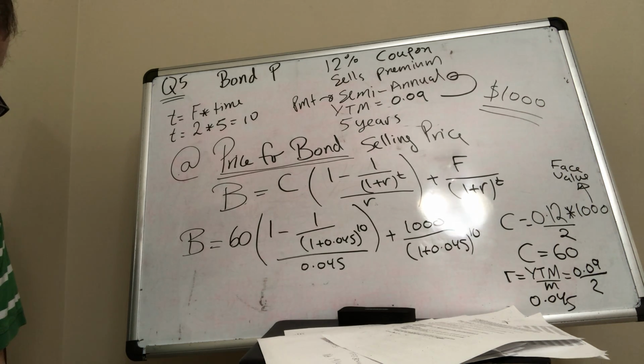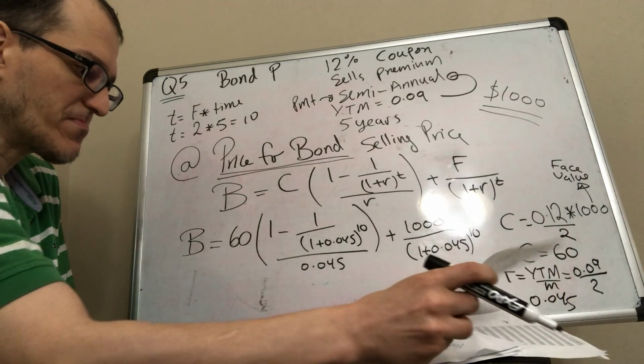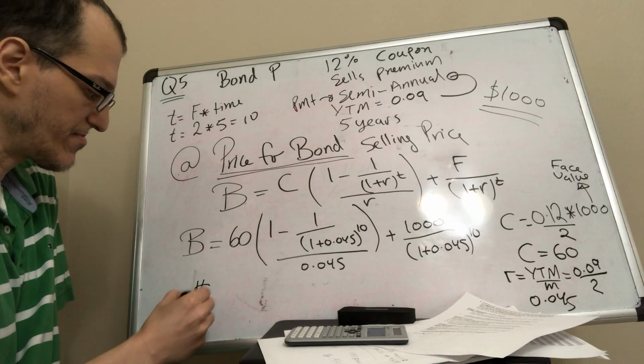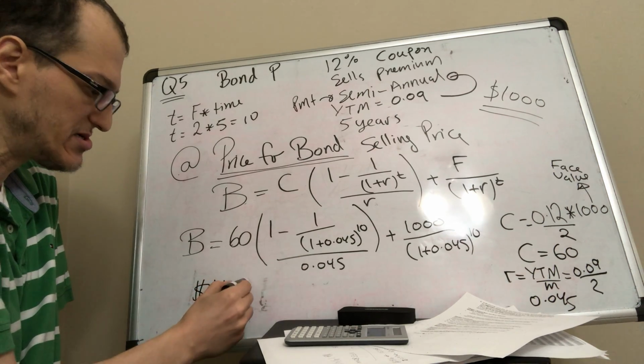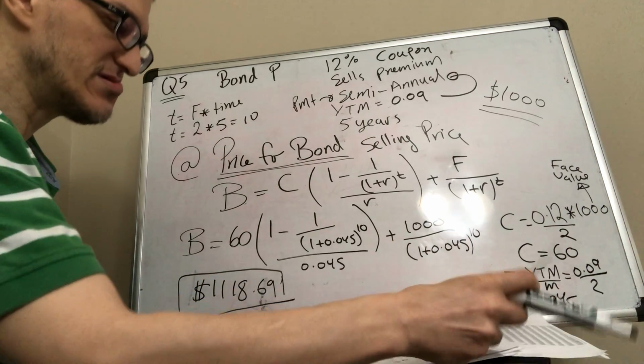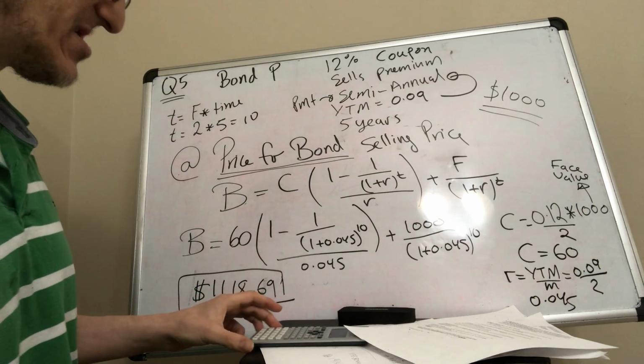So I'm doing the calculation. You don't have to do it in one step. You can do it in multiple steps. I get this number, 1118.691. This is the bond price for the first one. About 1118 and about 69 cents.